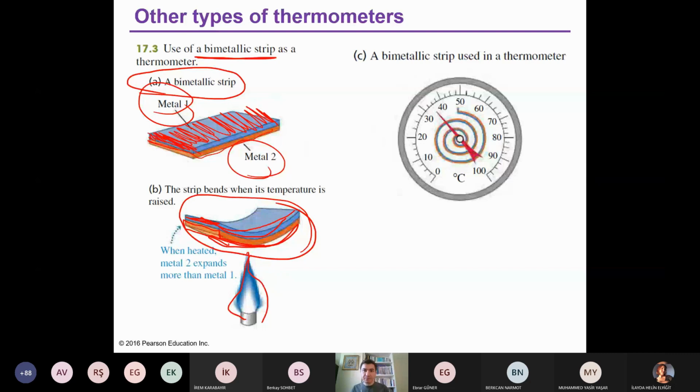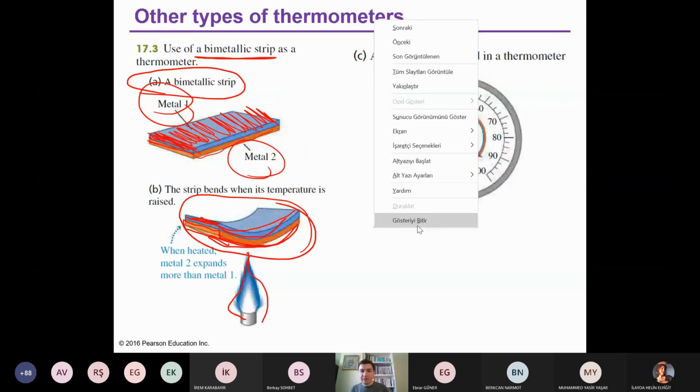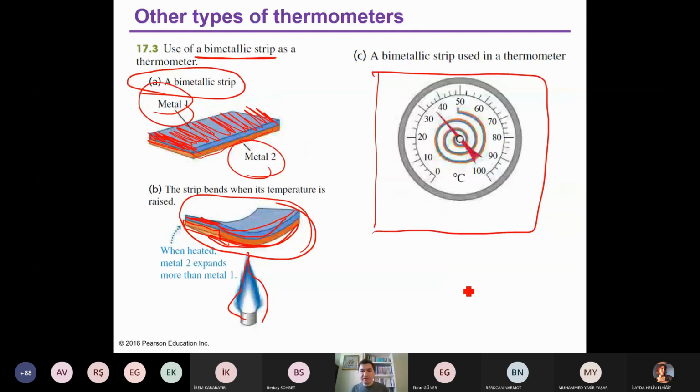And here there is a thermometer on the right side, with a spiral spring made from a bimetal used within this thermometer. We have a scale here in degrees Celsius, from 0 to 100 degrees Celsius.